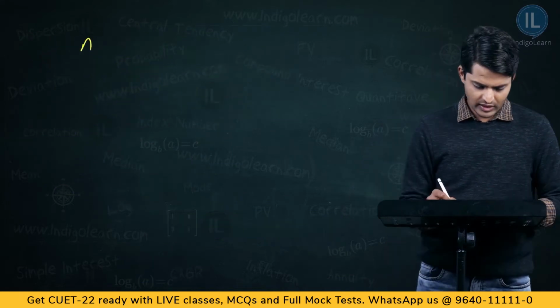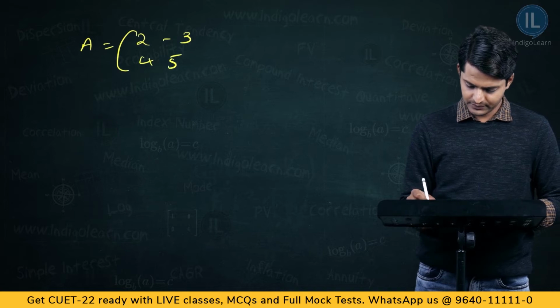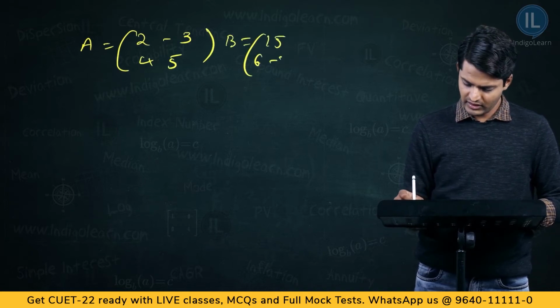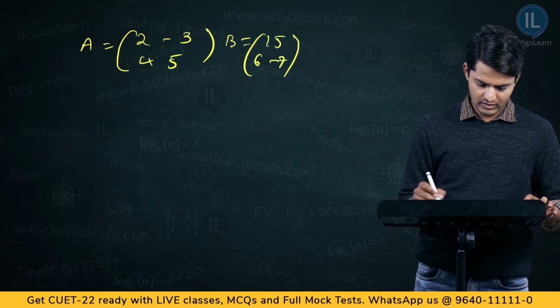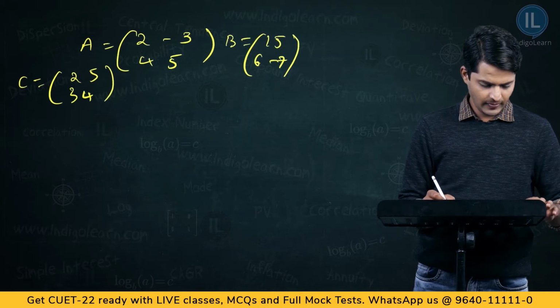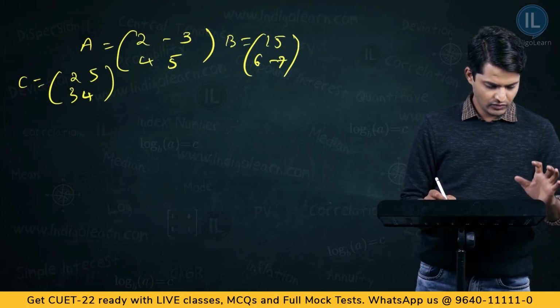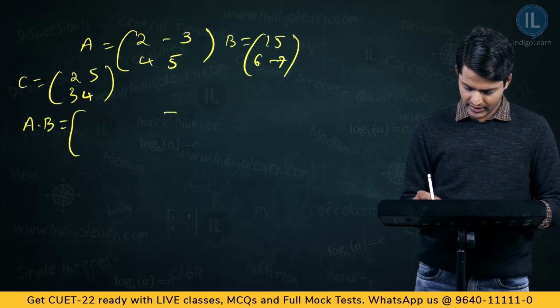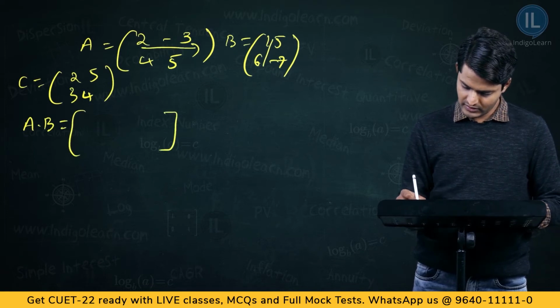Next, A is 2, minus 3, 4, 5, B is 1, 5, 6, and minus 7, okay, and C is 2, 5, 3, 4, okay. So, let me show you 15th question, product of A into B, okay. So, let me write in a big way, this with this.